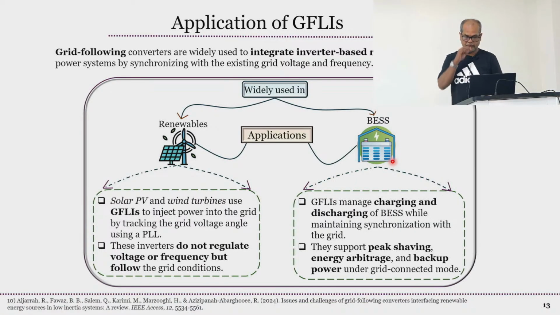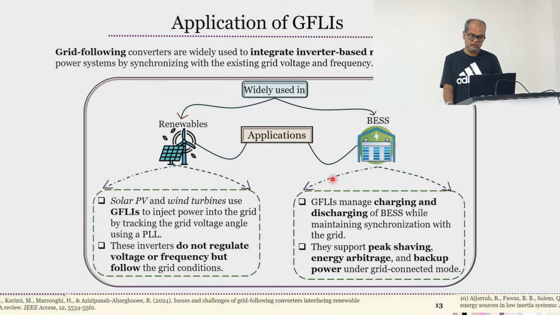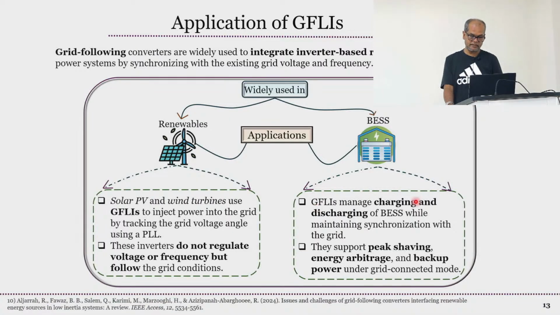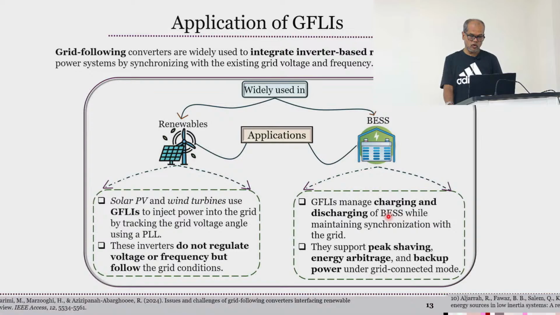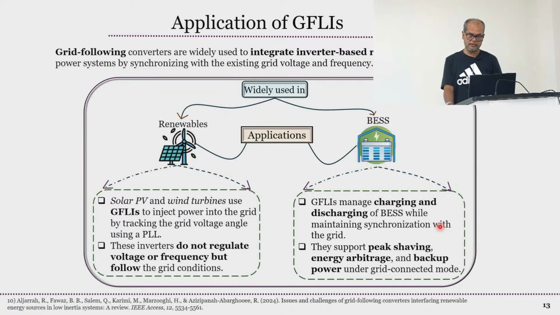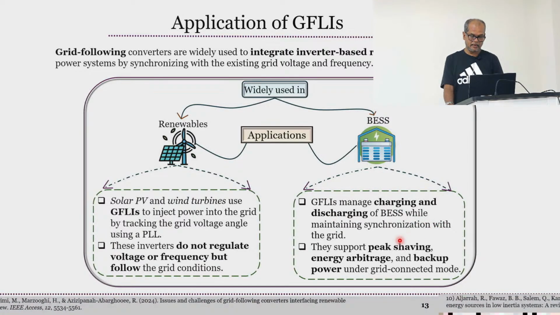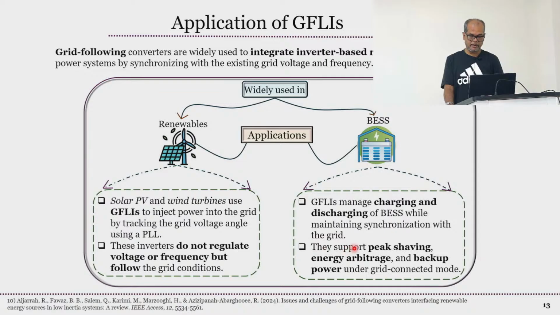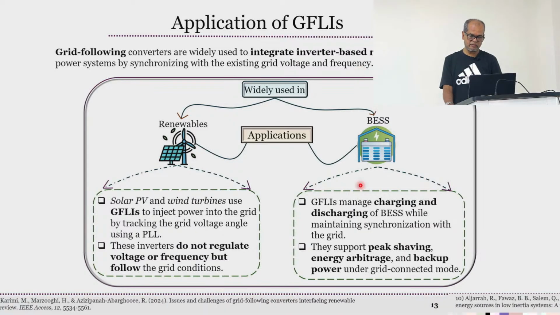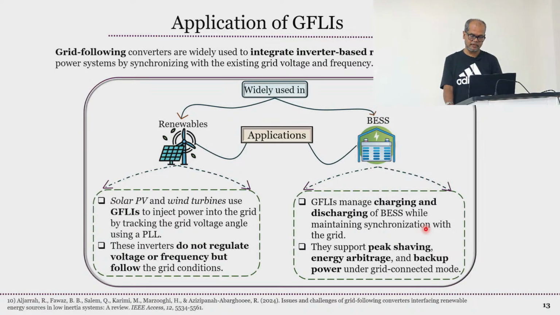Even as I said, not all the batteries have got grid forming. If you have grid following, it just manages the charging and discharging while maintaining the synchronization with the grid. And their main purpose is not to participate in the ancillary market, but mostly to support peak shaving.